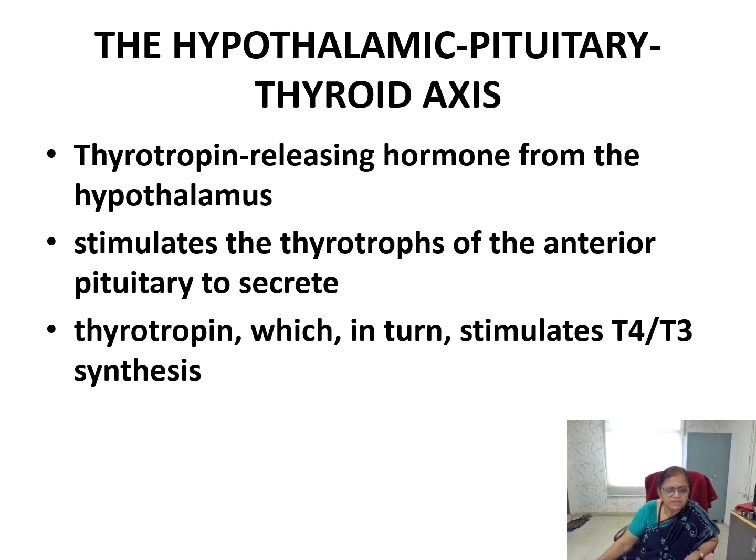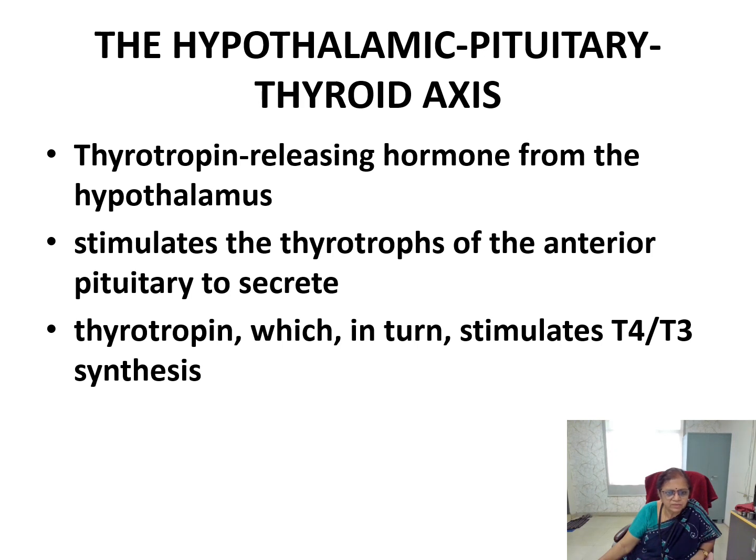Through the portal system, it acts on the anterior pituitary thyrotrope cells and stimulates them to produce TSH, thyroid stimulating hormone. Through the general circulation, it goes to the thyroid gland.